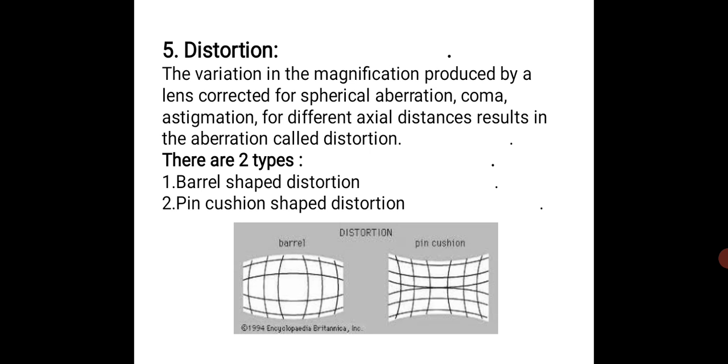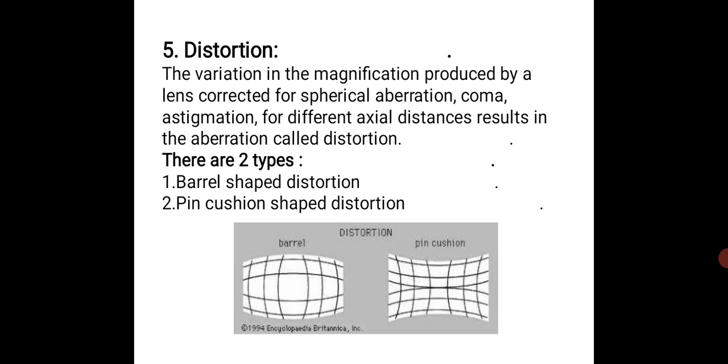The last type of monochromatic aberration is distortion. The variation in the magnification produced by a lens corrected for spherical aberration, coma, and astigmatism, for different axial distances, results in the aberration called distortion.